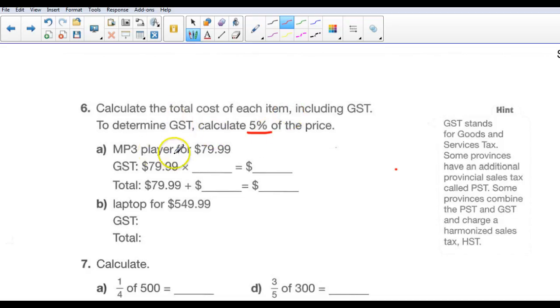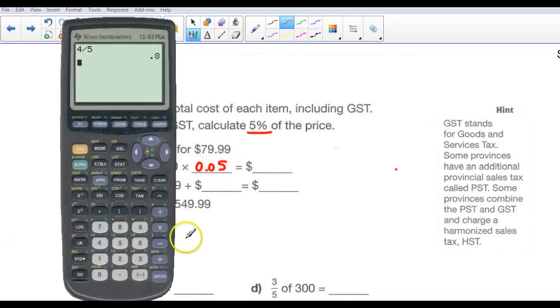Okay, so an MP3 player costs $79.99. So the GST is $79.99 times 0.05, because 5% is 0.05. We take our calculator, clear it, and we have an item that is $79.99, and we multiply that by 0.05, and this is how much extra GST you'd have to pay.